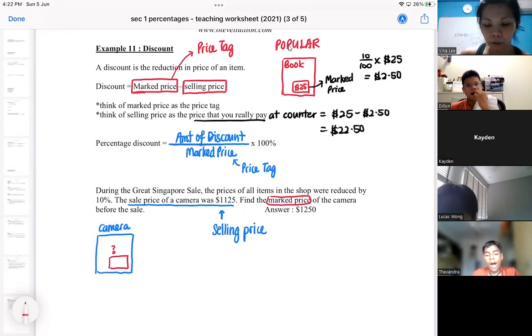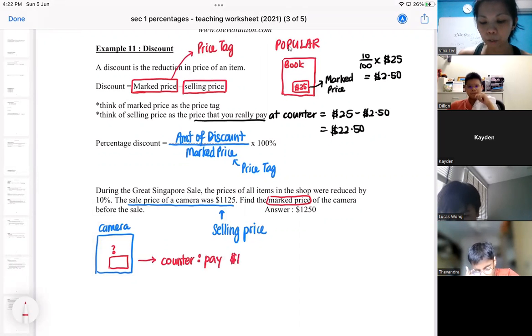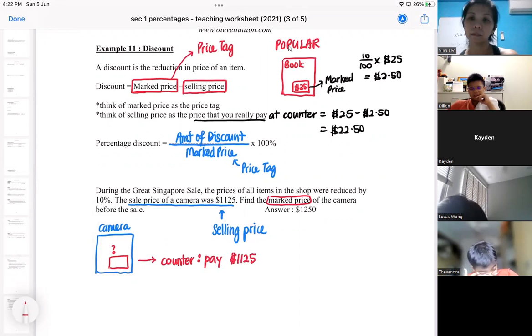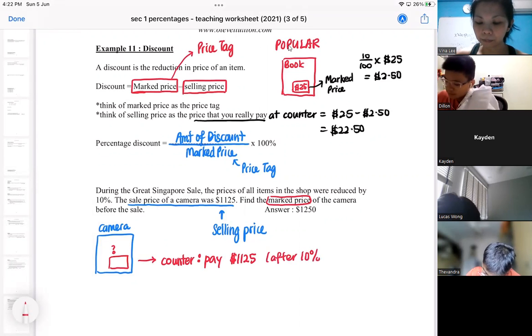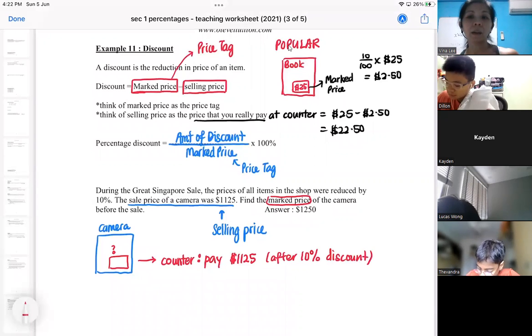But when you bring this to the cashier, you bring this to the counter, you are paying 1125. And this is after a 10% discount. So what does that mean?